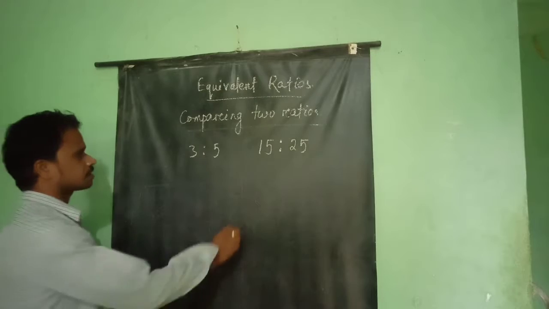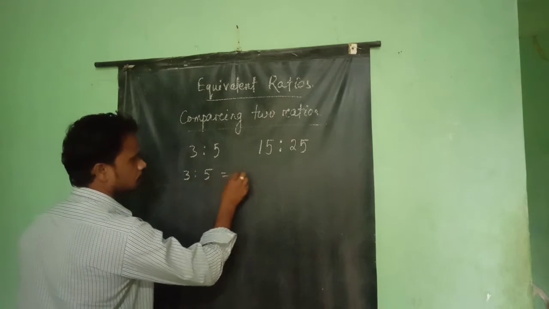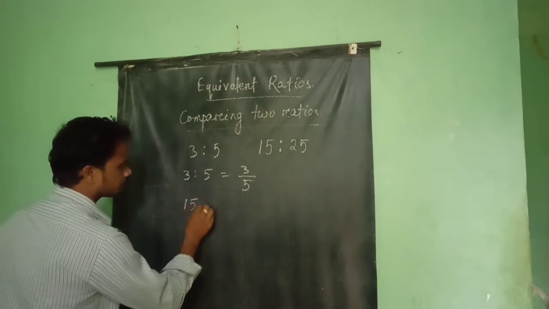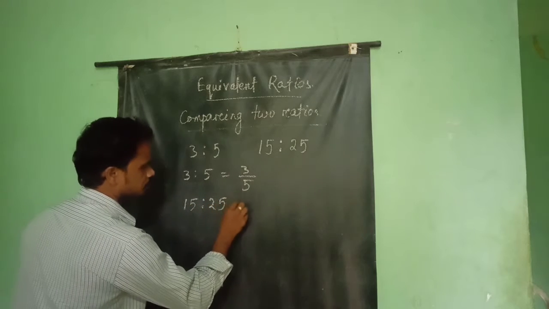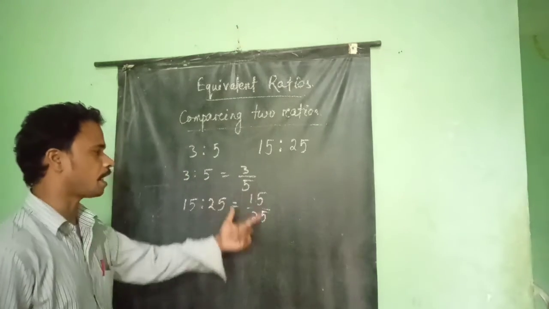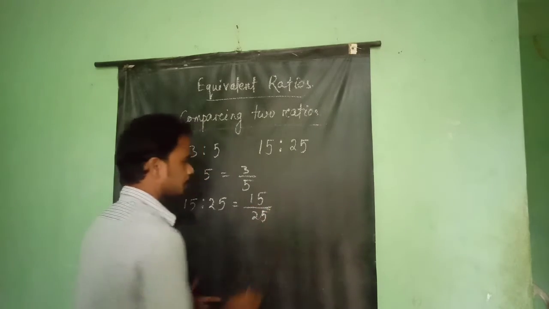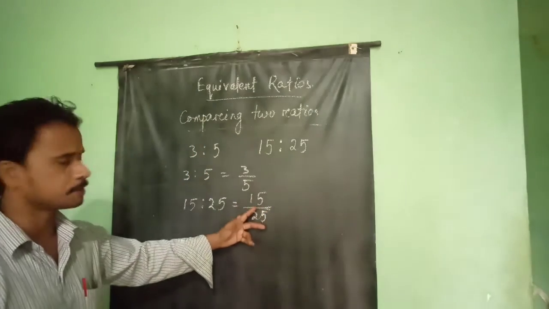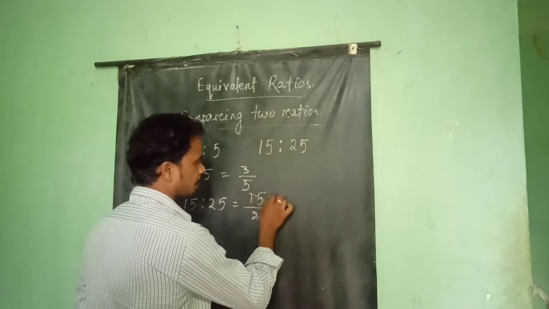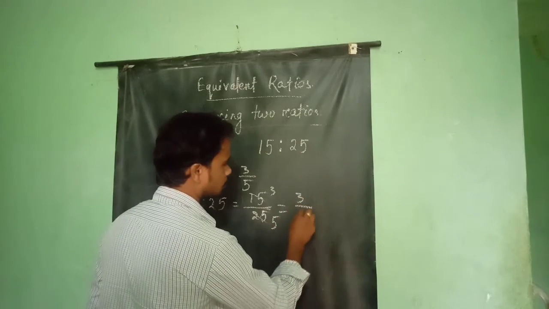So हम ये देख सकते हैं, पहले ये करते हैं: 3:5 is equal to 3/5 and 15:25 is equal to 15/25, and these two are numerator and denominator. Both are divisible by 5, so you can divide them or cut them with 5. So 5 3s are 15 and 5 5s are 25. So this is also 3/5.